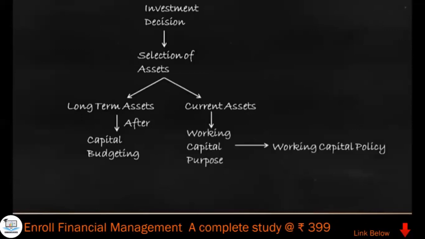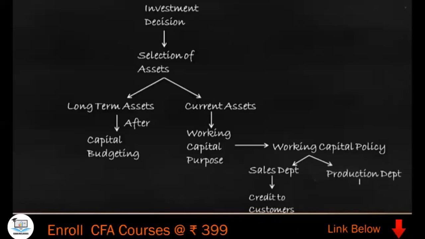So what is the working capital policy? If there is a sales department, they should have a policy on giving credit to the customers. If there is a production department, they should have a policy on keeping the inventory levels, because these only constitute the working capital assets, the debtors, the inventory, the advances. So what is the policy, how long they are going to keep?